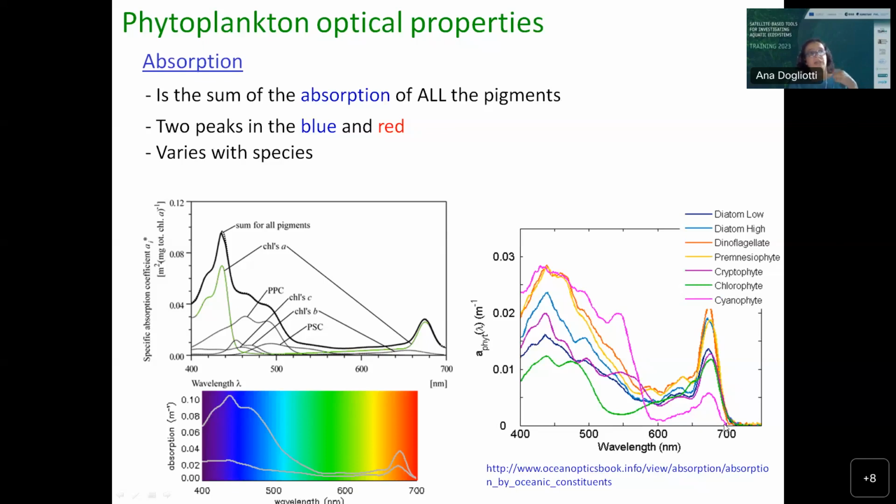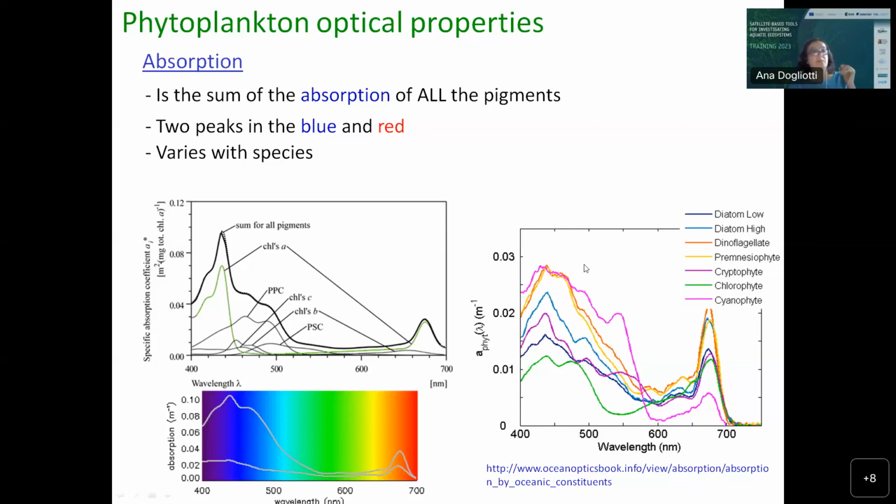Here you can see different colors for different species groups, not species, sorry. These are the absorption of the group, the total absorption. So it's not just one pigment, but for each group it is the sum of the absorption of all the pigments that group has.